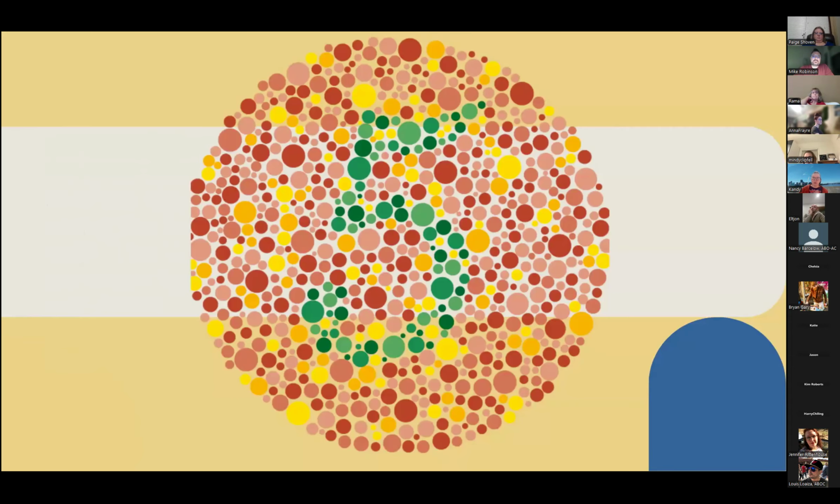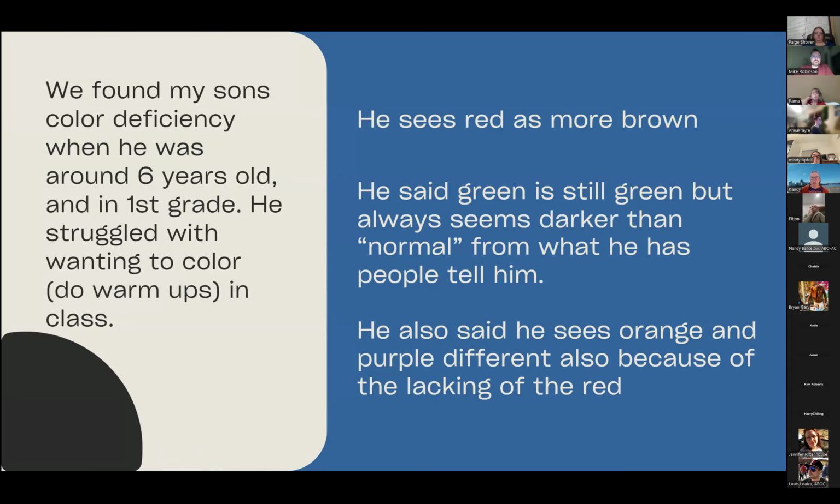Here's a fun little red-green test. I brought my son out here so we could chat, and I was wearing a green shirt and he was saying, oh yeah, I can see this color's brown and that color's green and that's a dark green and that's gray and black, because it was like a checkerboard. We originally found his color deficiency when he was 6, just out of kindergarten.